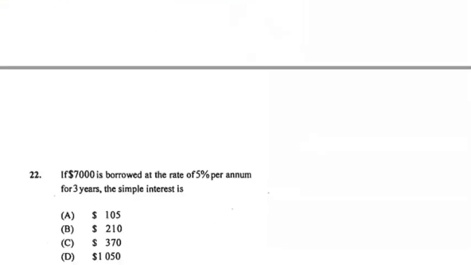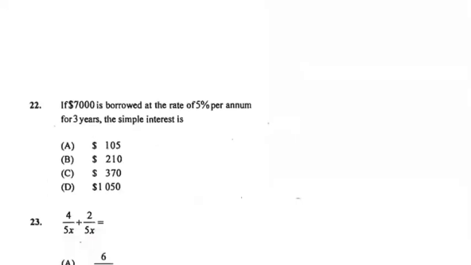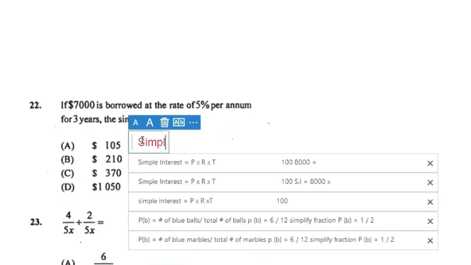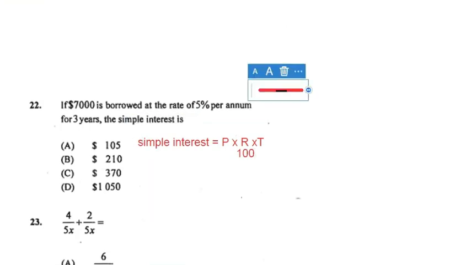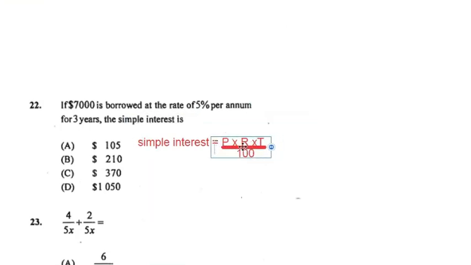So 22. If $7,000 is borrowed at the rate of 5% per annum for 3 years, the simple interest is, so remember, simple interest is equal to principal times rate times time, and all of that is divided by 100. So we're working out the simple interest.